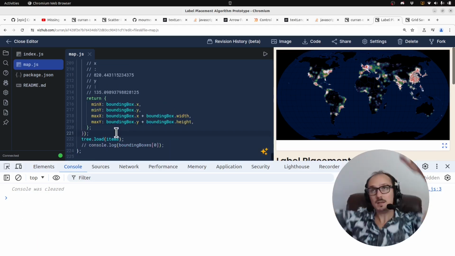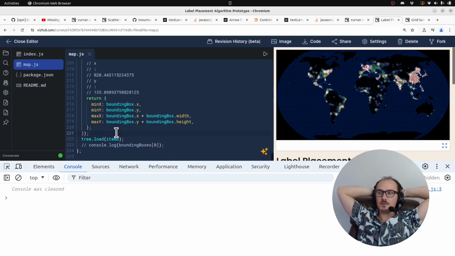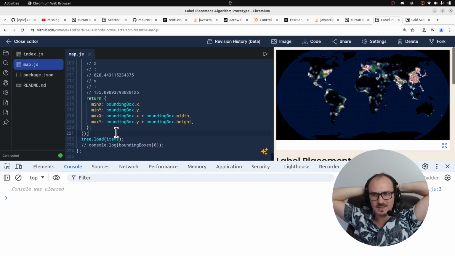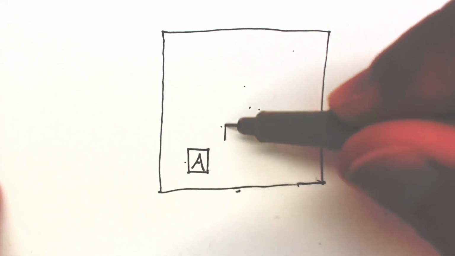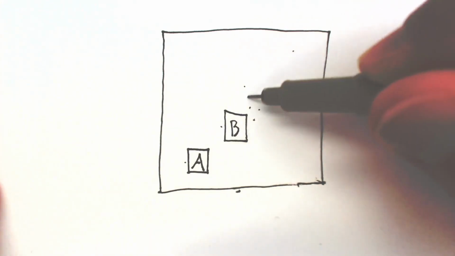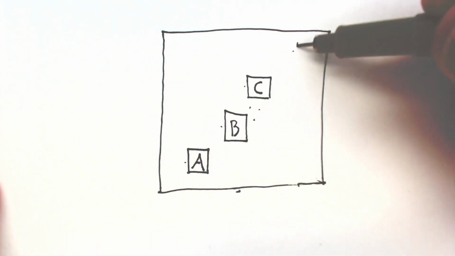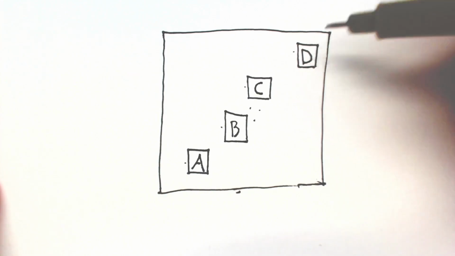Now, okay, let me take a step back here. This is how you index all of the things at once, but that's not actually what we want to do, right? Because the algorithm I had in mind was for each city sorted by population descending, add that label to the R tree.